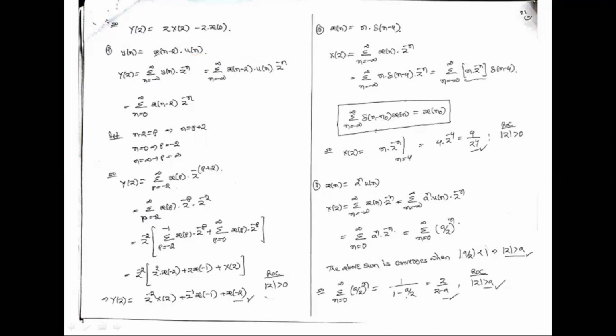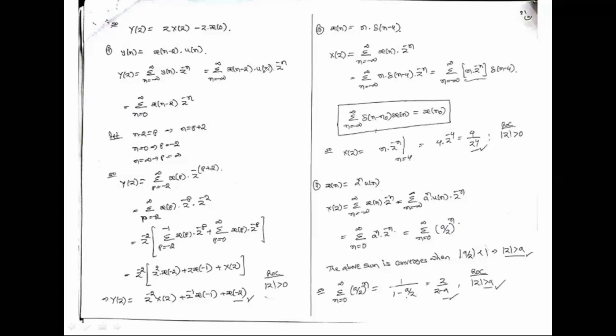Got it? So see, y of n is given as x of n minus 2 mu of n, and the definition is sum from minus infinity to infinity of y of n z power minus n. And what is the y of n given? X of n minus 2 mu of n, times z power minus n.